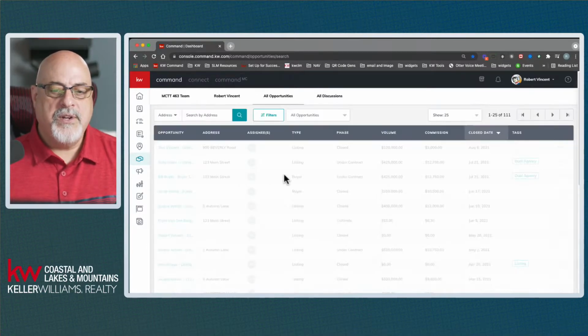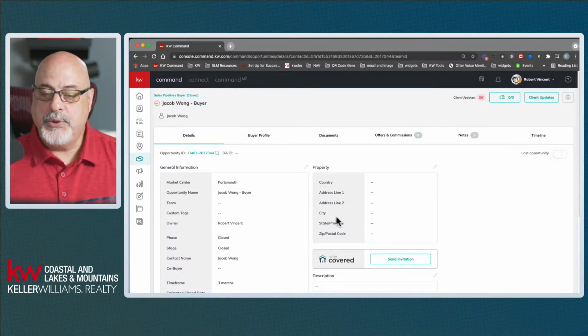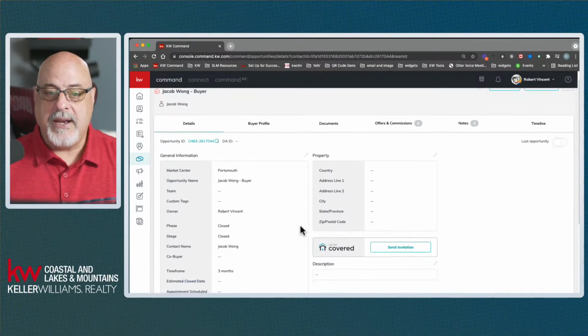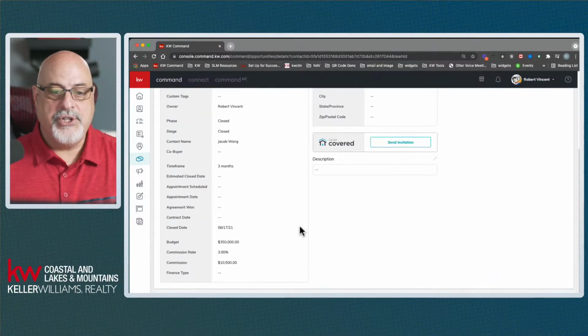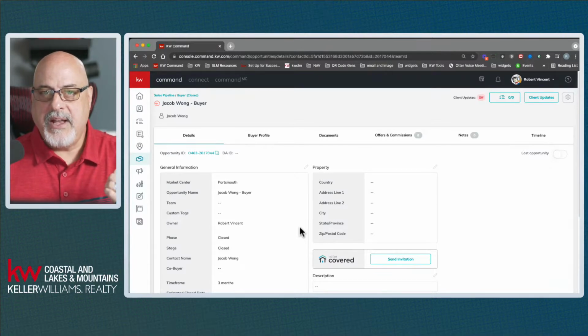From the moment you make the decision to do it, make sure that every single transaction you create, every opportunity you create, has as much information in the details area as you possibly can. Any lack of information on this page is going to reveal itself on the pipeline as missing data.